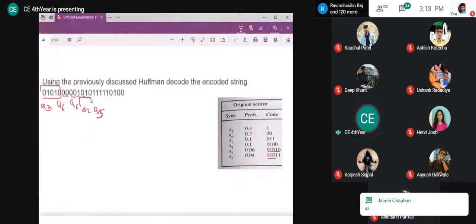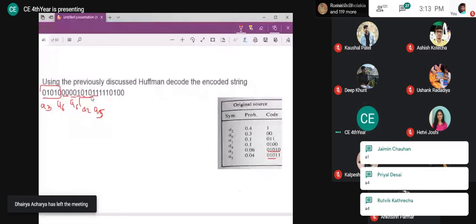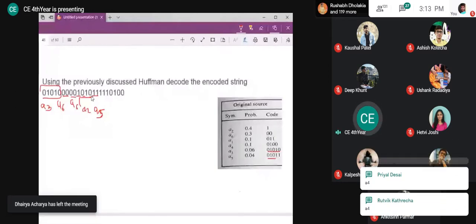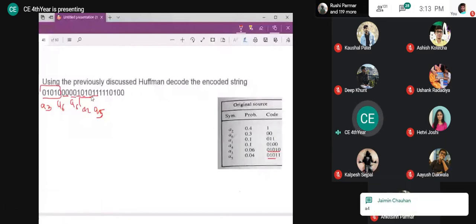Okay, A5. Then up to this A5, then A2 for this, then A2 again, and A2 again. Up to this are A2, A2, A2. Then the last is A1 or A4, 0, 1, 0, 0, A4, no?